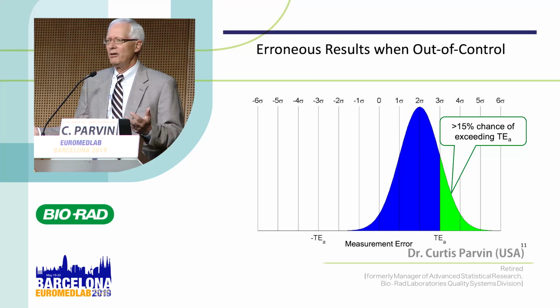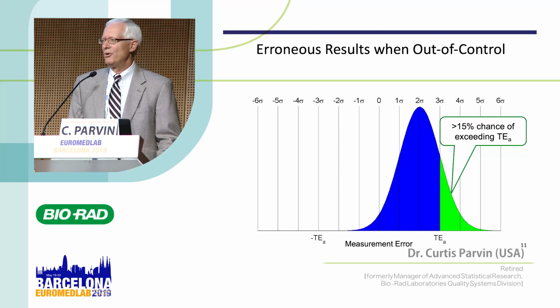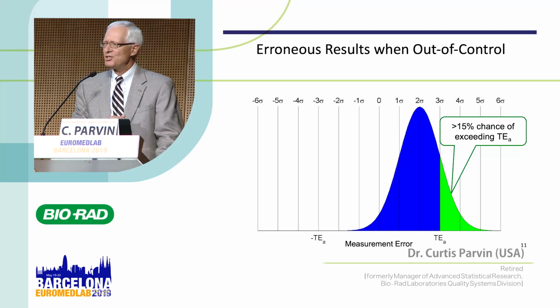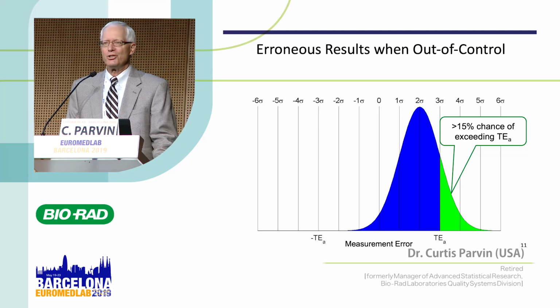A larger error would have even a higher likelihood of producing erroneous results. So in order to study the impact of our QC processes, we need to study a wide range of possible magnitudes of out-of-control condition that might occur.